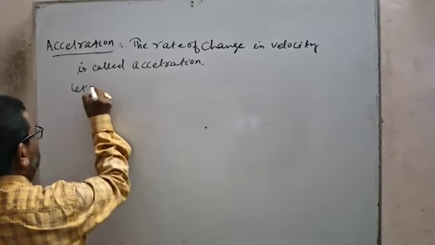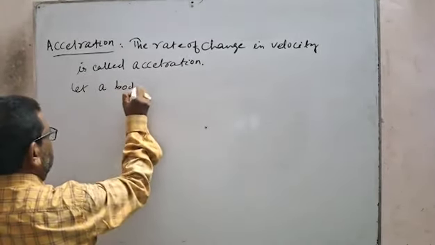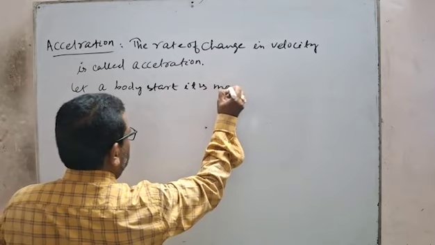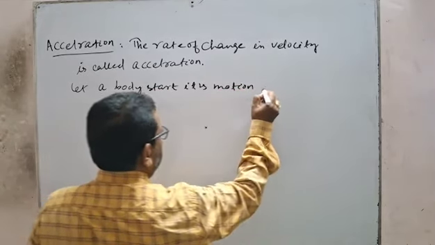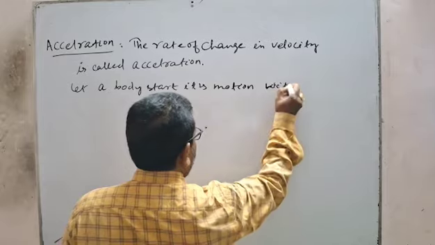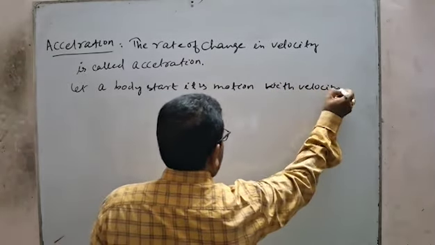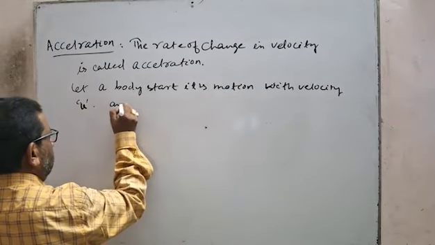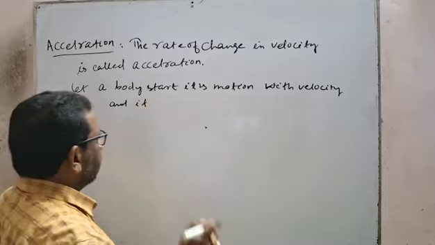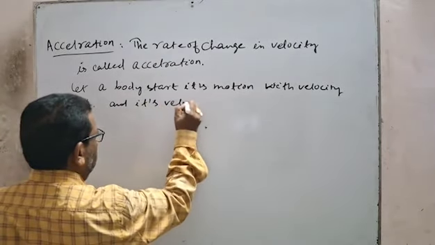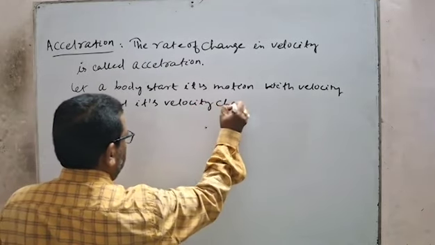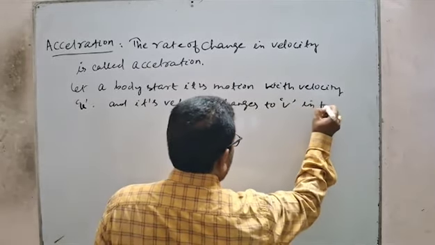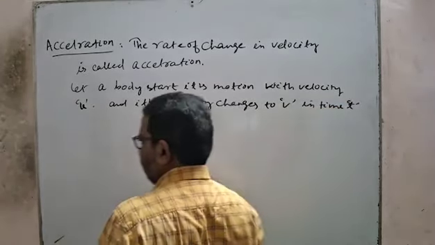Let a body start its motion with velocity u, and its velocity changes to v in time t.